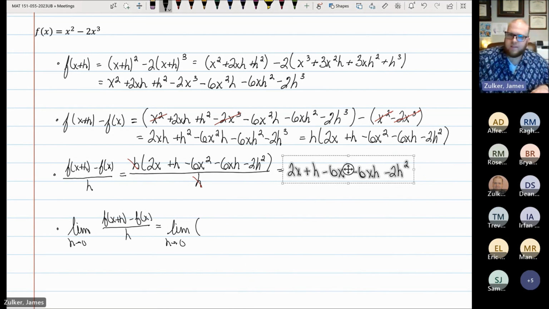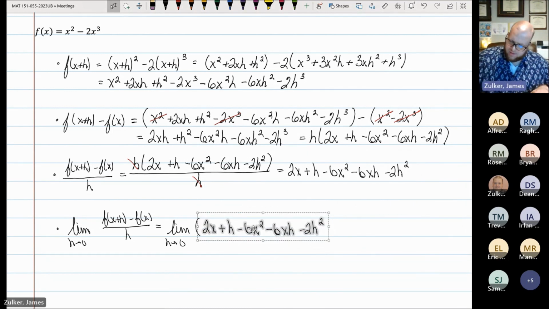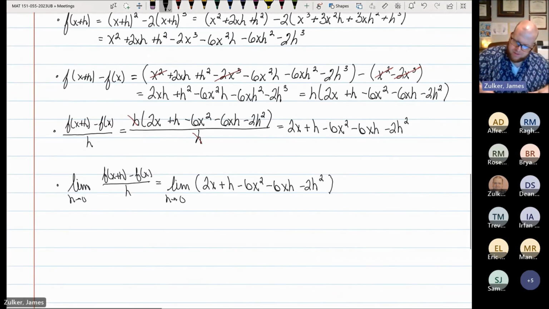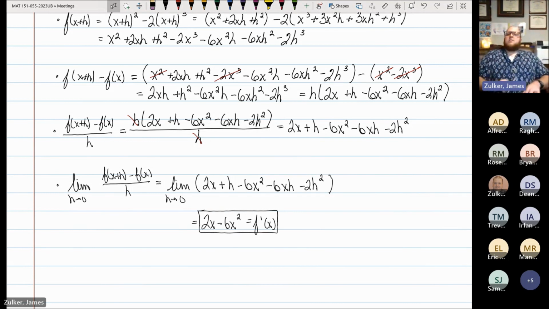And finally, take that and pass it through the limit as h goes to 0. That gives you your derivative function. Any questions so far?